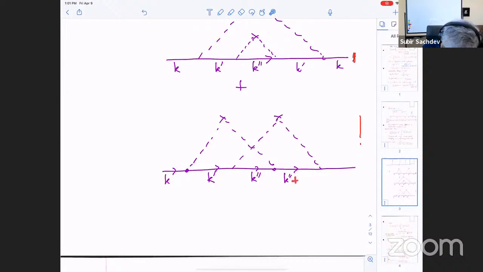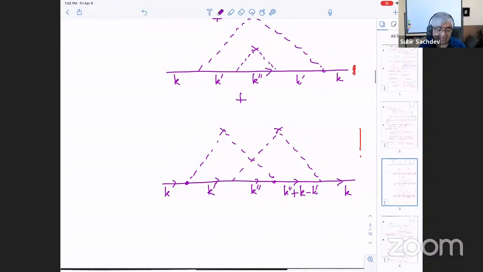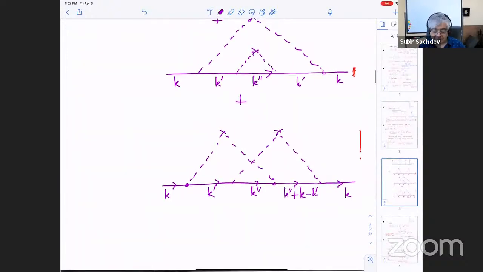So that'll be plus k minus k prime, and then it had better be k again. So that's why I said there's some quantum interference. There's something that depends on the actual momenta of the intermediate states, so this graph is more complicated to evaluate, and it leads to interesting wave-like interference effects that you wouldn't find for a classical particle.